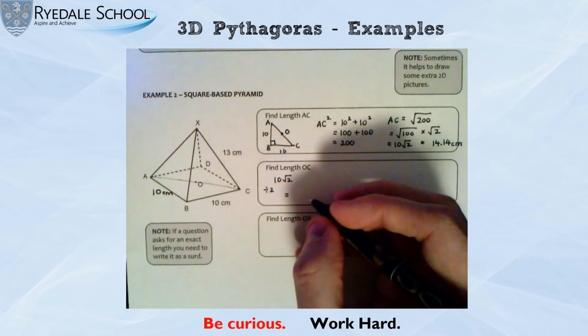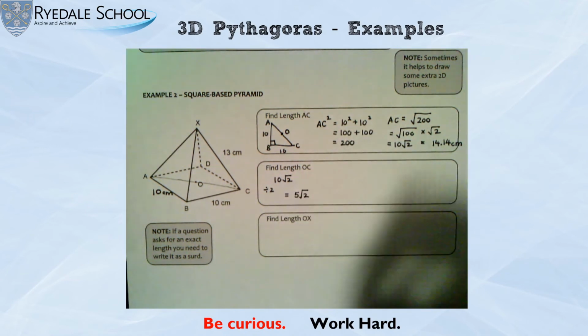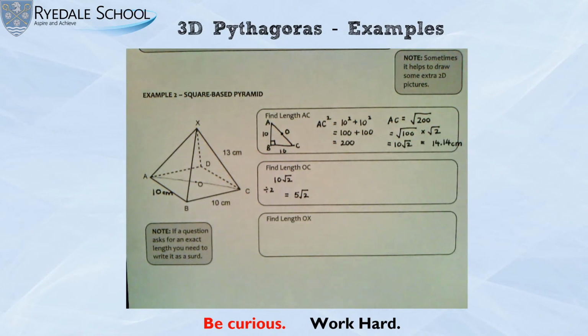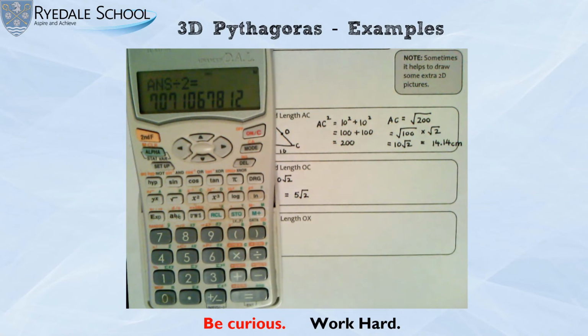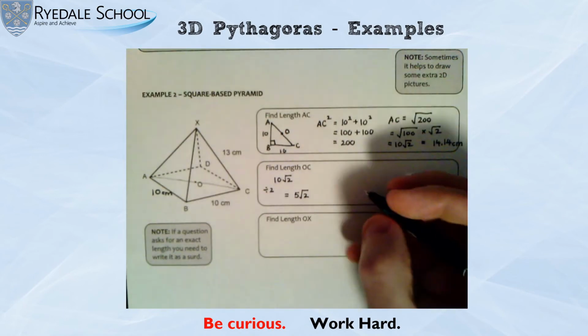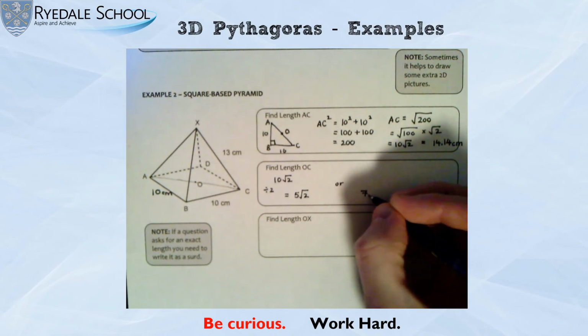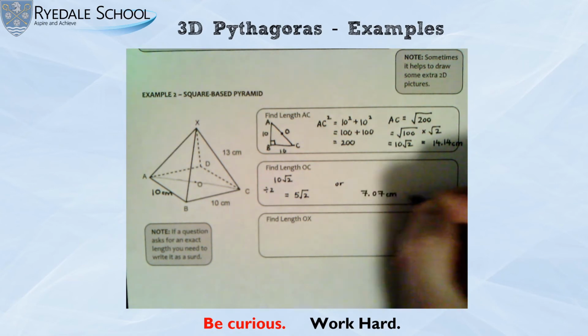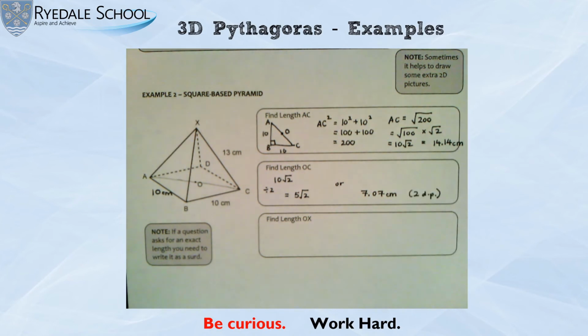And if you had 10 root 2s and you divide it by 2, you'd be left with 5 root 2s. Or, if you prefer it as a decimal, it's half of 14.14, and that is 7.07 centimetres to 2 decimal places.